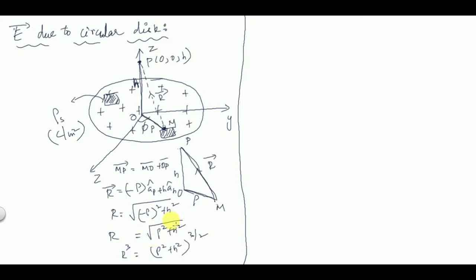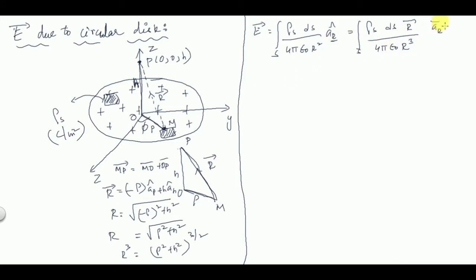So these are the considerations which you have to take. Then what will be E bar? E bar is integral over s of rho s ds by 4 pi epsilon naught r square into ar cap, so integral over s of rho s ds into r bar by 4 pi epsilon naught into r cube, where ar cap is equal to r bar by r. If you substitute here, r bar by r square into r is r cube.